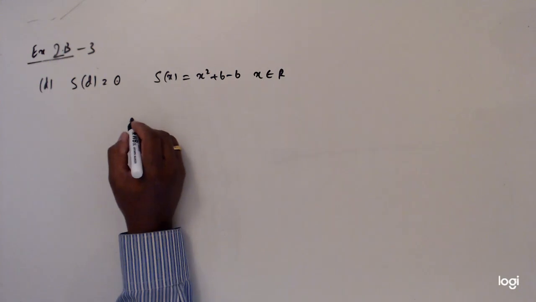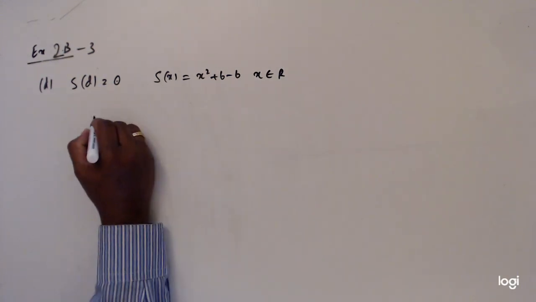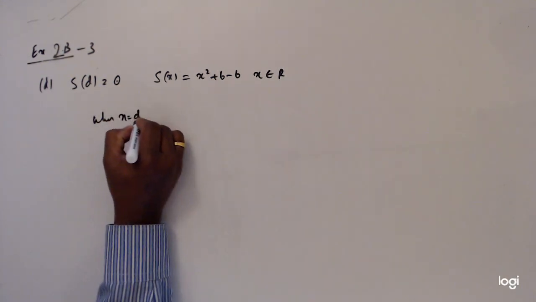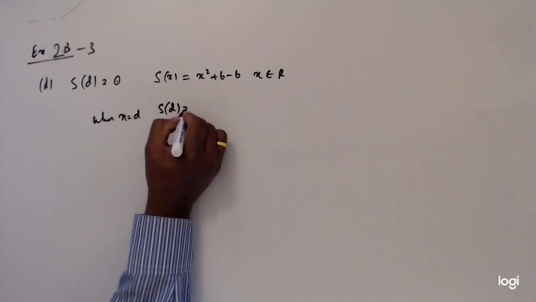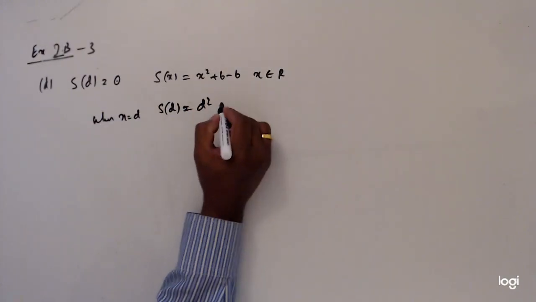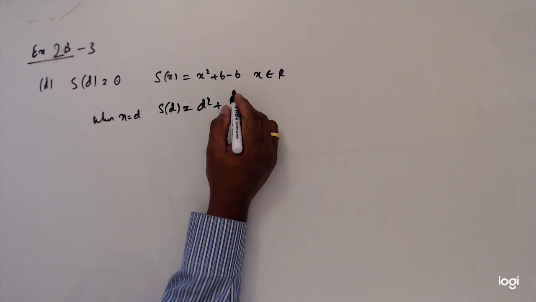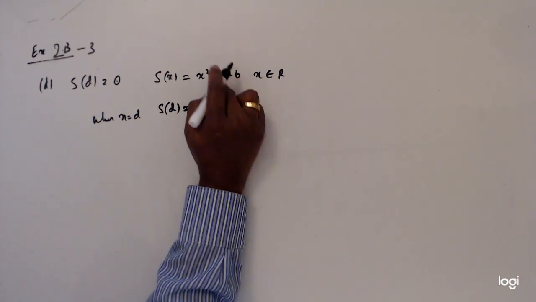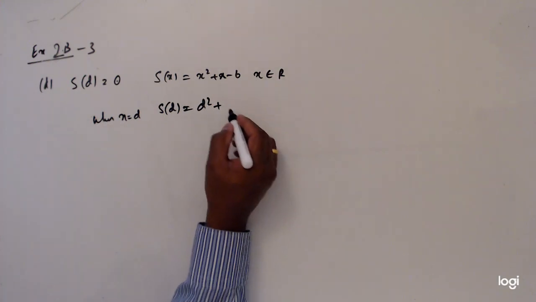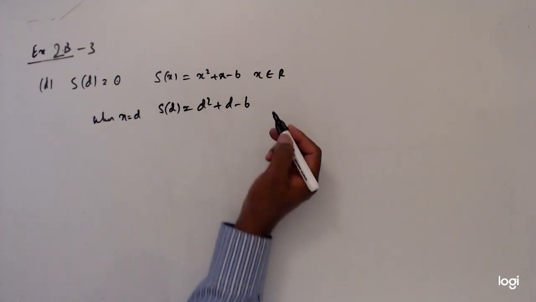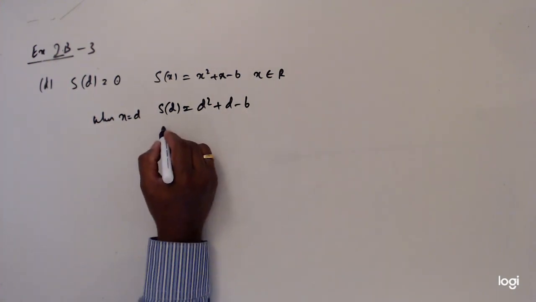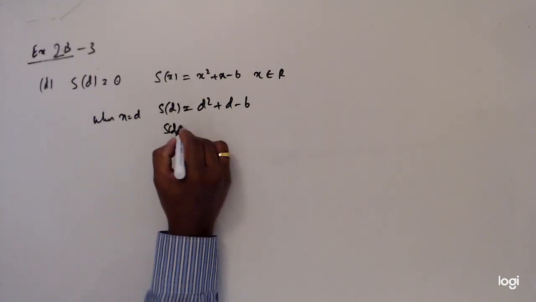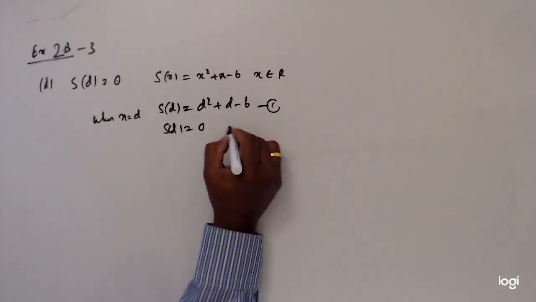Part 4, as usual, when x equals d, s(d) equals d squared plus d minus 6 and s(d) equals 0.